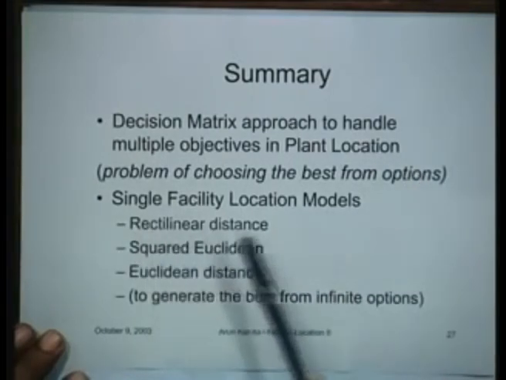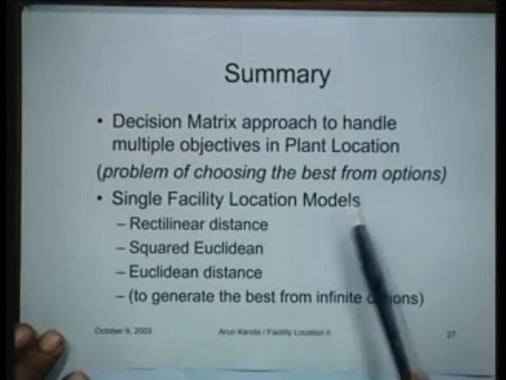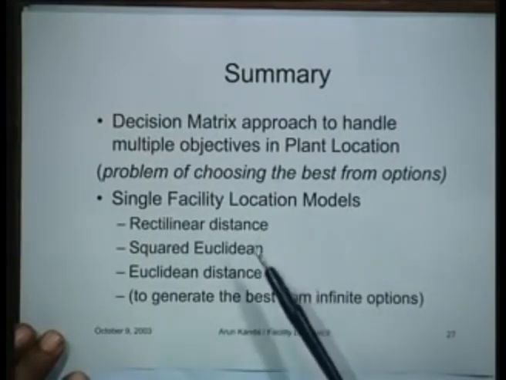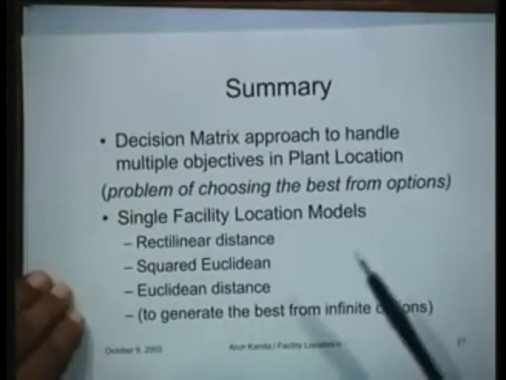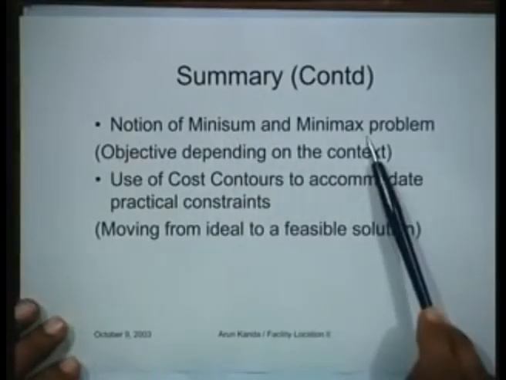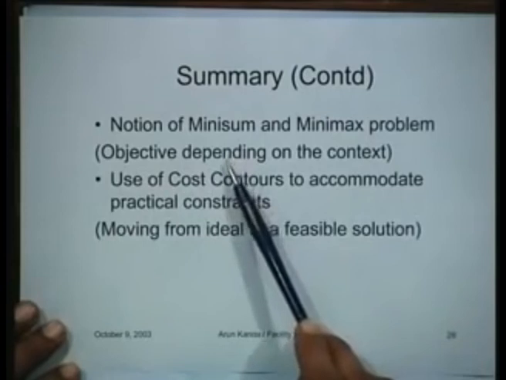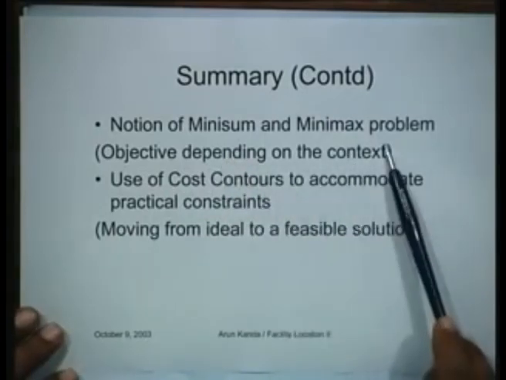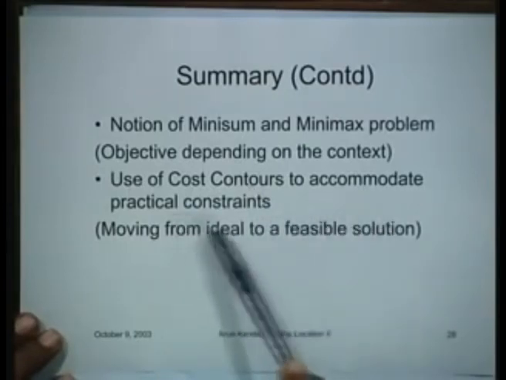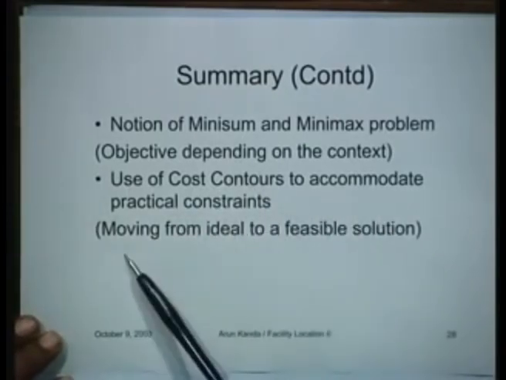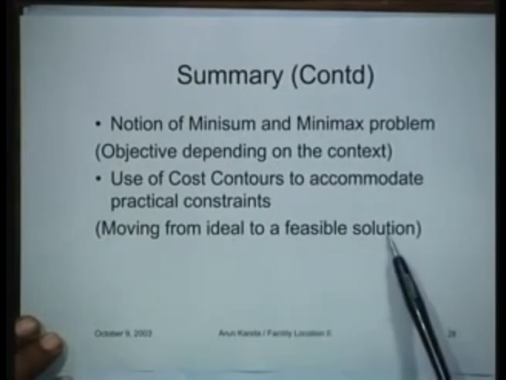And then we have the single facility location models. We talked about the rectilinear distance, the squared Euclidean distance, the Euclidean distance, where the objective was to generate the best from the infinite options which are available. And finally, we talked about the notion of mini-sum and mini-max problems, where the objective could change depending upon the context. And finally, we saw how cost contours can help to accommodate practical constraints, that is, moving from ideal to a feasible solution.